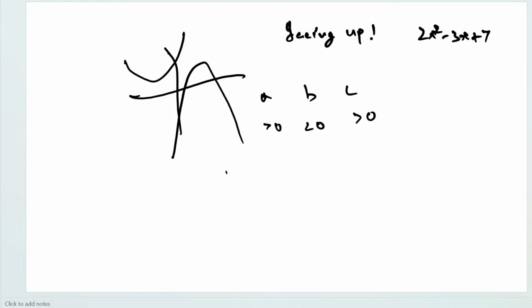What is this one? It is facing up because A is positive. Is it facing up or down?